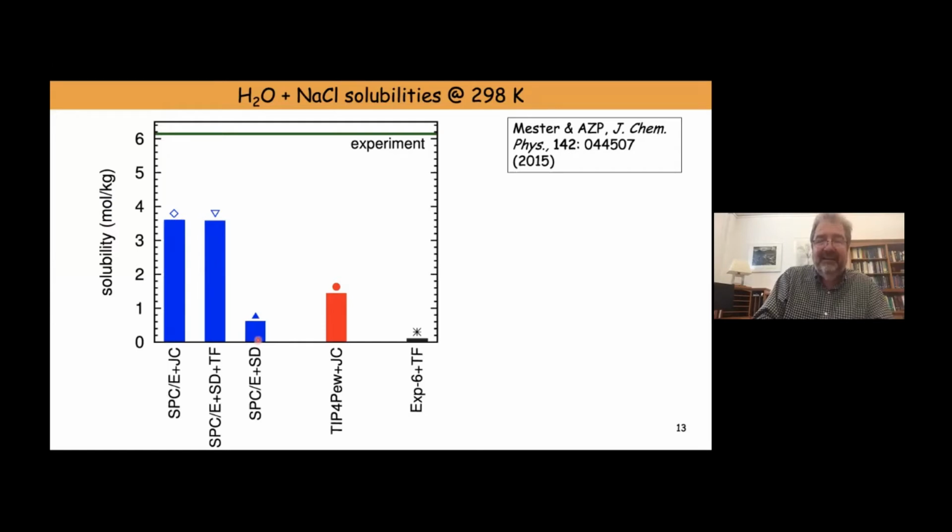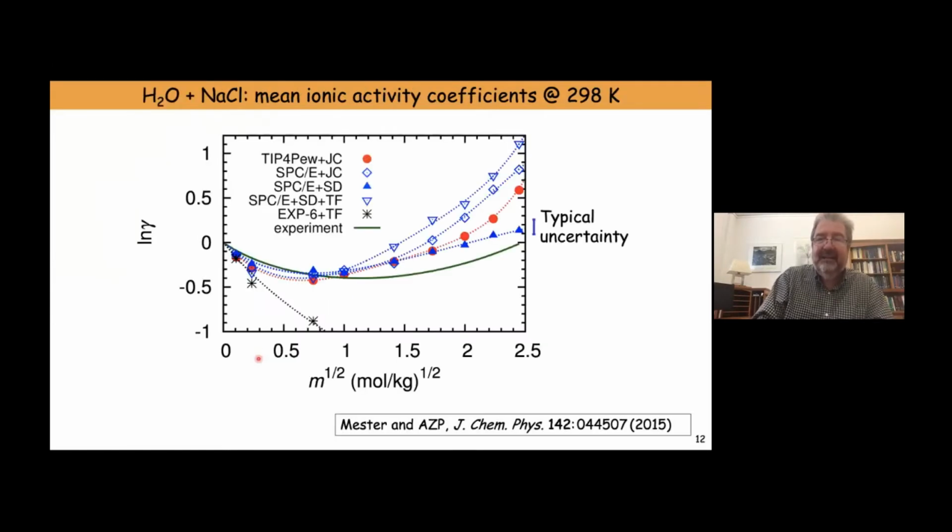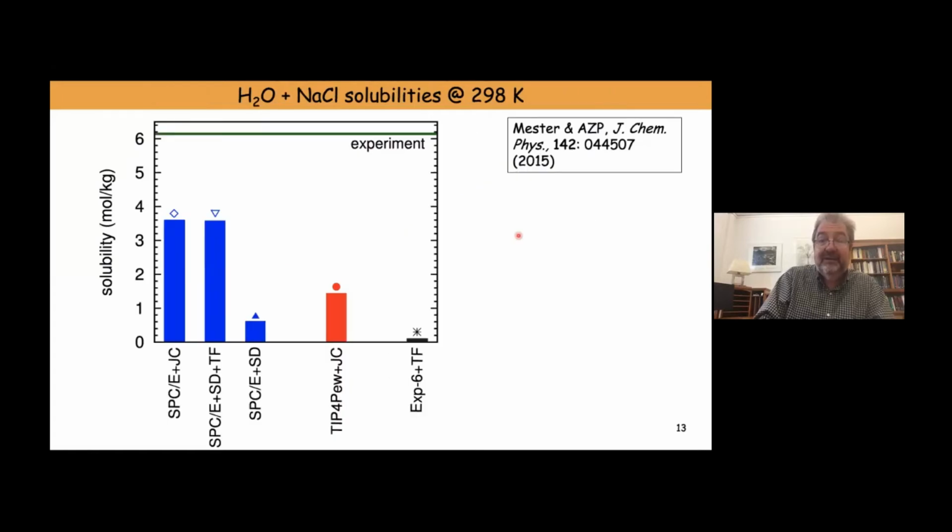Others, and it turns out that this is the best model for the activity coefficients, the SD, the Smith-Dang model, the blue triangles. That is the worst in terms of the solubility, by a factor of 6. So it underpredicts the experiment. They really want to precipitate out of solutions. They don't want to be solvated.